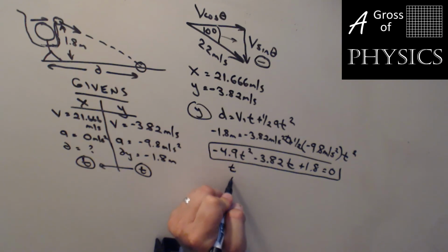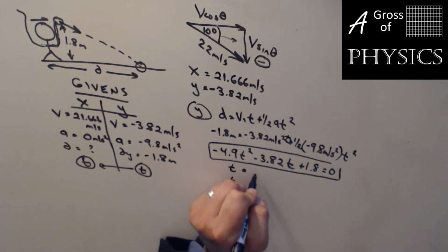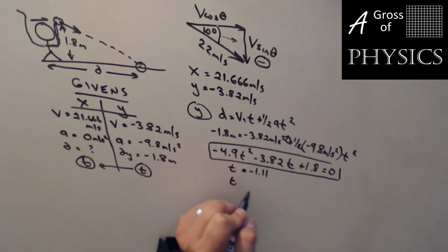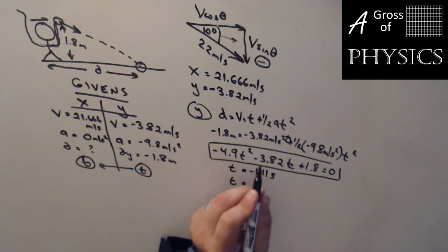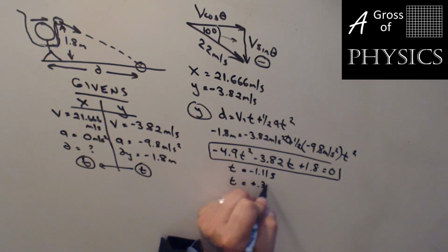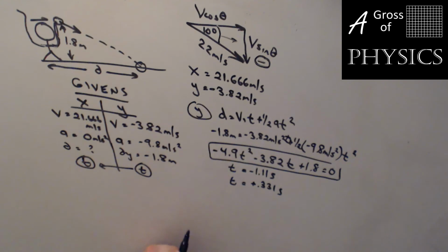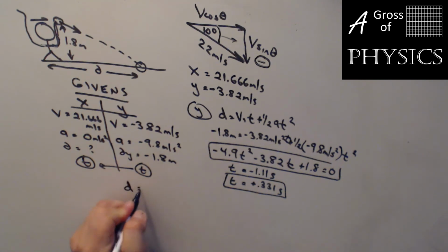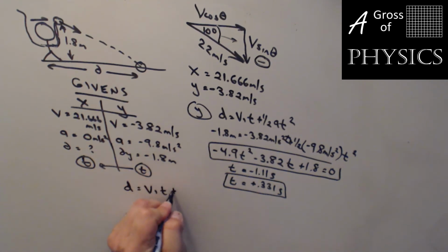And I'm going to get two roots. The first root will be negative 1.11, and these are seconds, and the second is positive 0.331 seconds. Now, of course, I want to use the positive 0.331. So when I go to the x direction, d equals Vi t plus 1/2 a t squared.